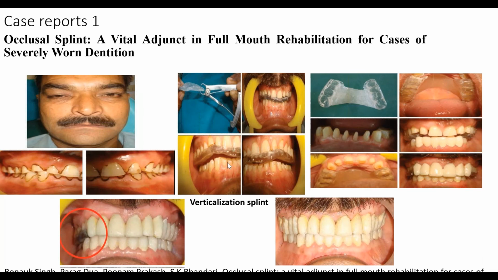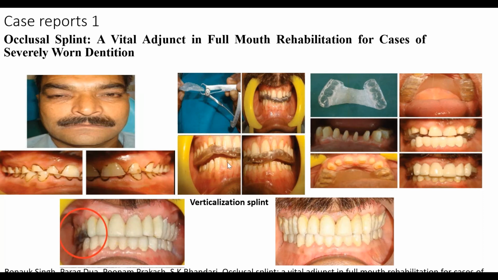Once the patient is comfortable, they have checked the increase in the height of the patient, and accordingly they have prepped the teeth. Once the tooth preparation is done, the splint is cut from the anterior part. The lower anterior and the upper anterior teeth are prepared and rehabilitated.